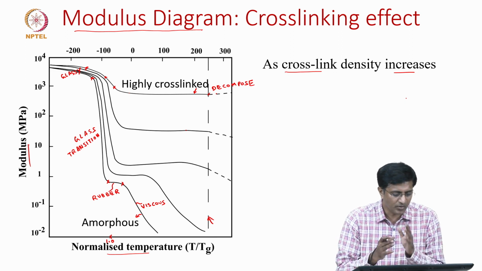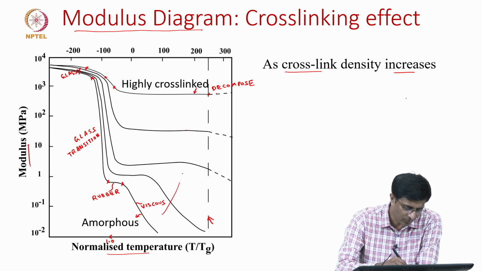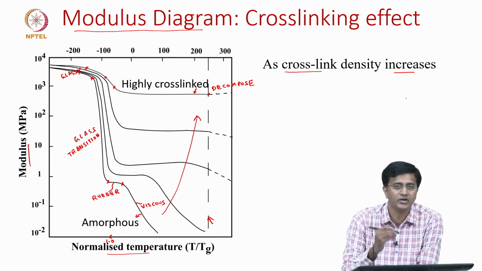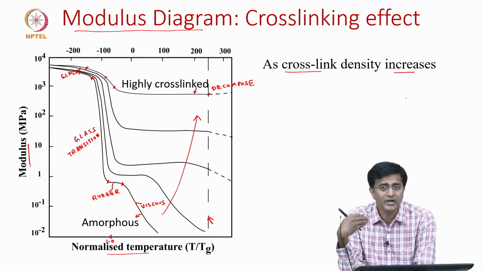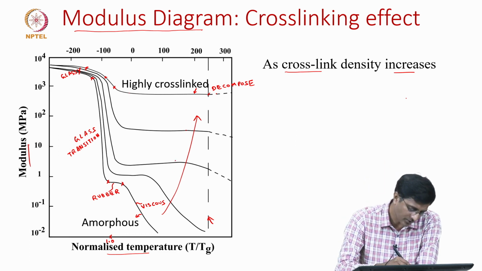One example of looking at this cross linking is vulcanization. What is vulcanization? When we add sulfur to natural rubber, the strength and the stiffness of the rubber increases. This process of adding is called vulcanization.